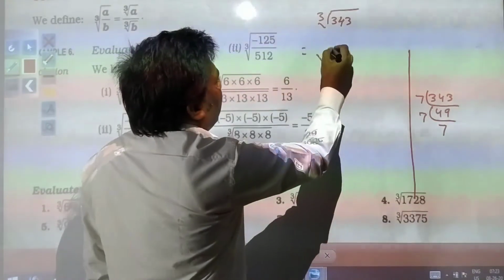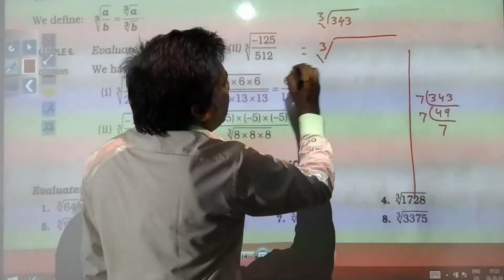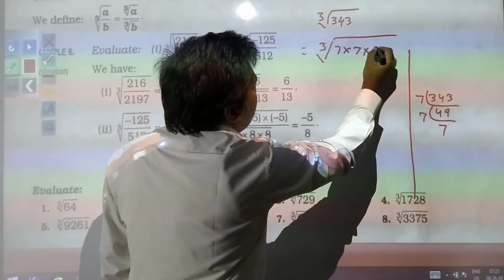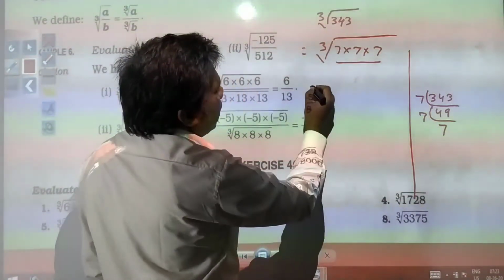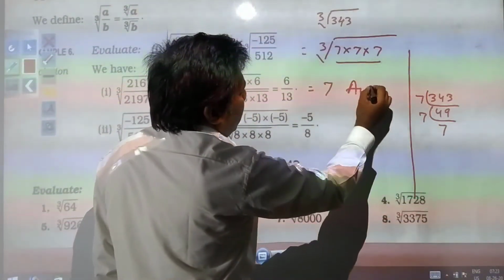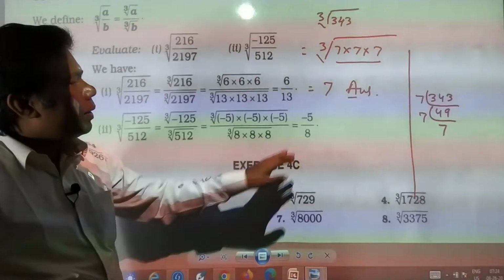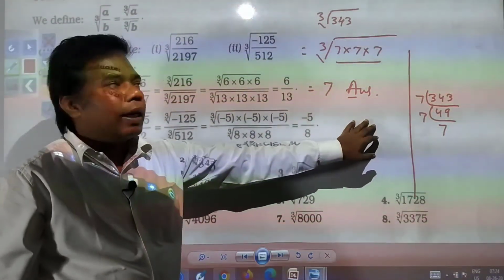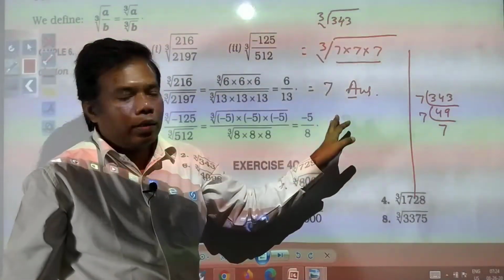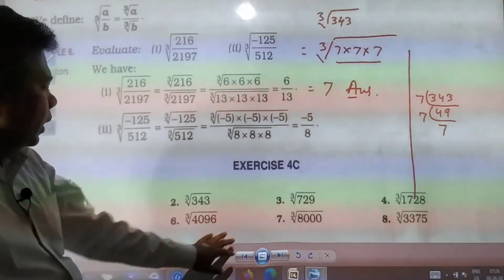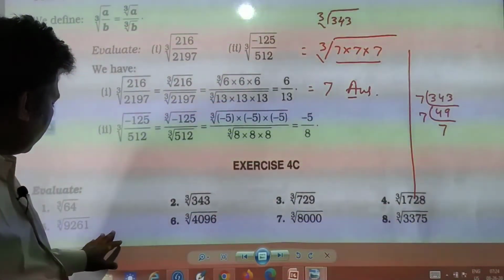So you have got 7 into 7 into 7. So one triplet you have got, that is 7, and this is your answer. It means if 7 is multiplied 3 times, you will get 343. In the same way other numbers are there. I hope you will be able to do them.